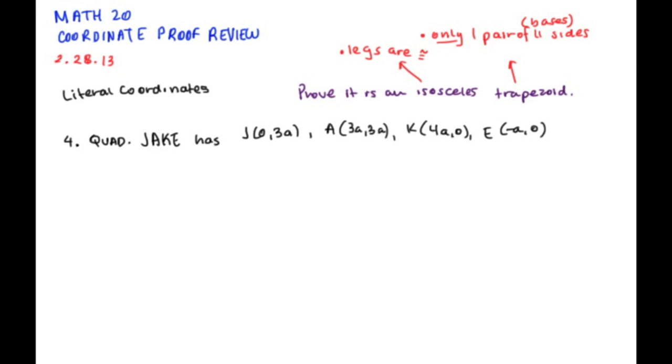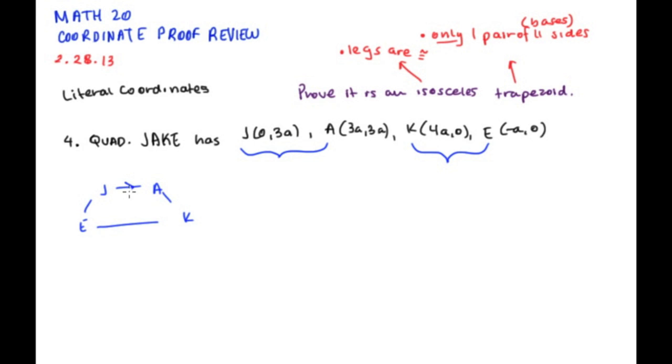Okay, well, if we want to prove parallel sides, that's going to involve doing a bit of slope, and I can tell you right now that we're going to have to find the slope of JA and KE, because when you put it in perspective, it's going to look kind of like that is the trapezoid that we're making.